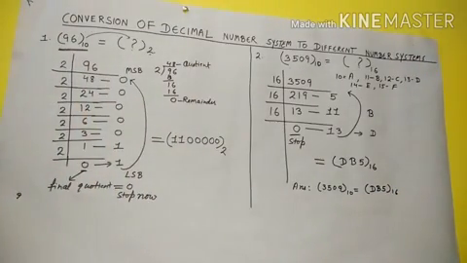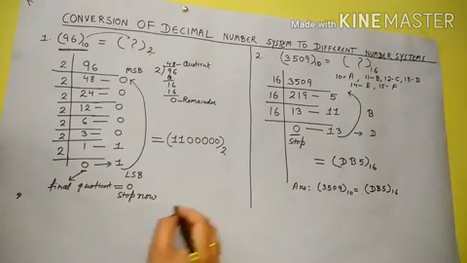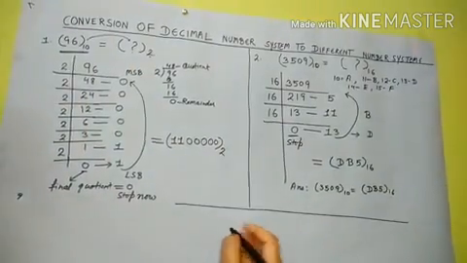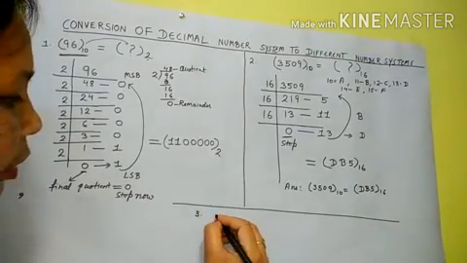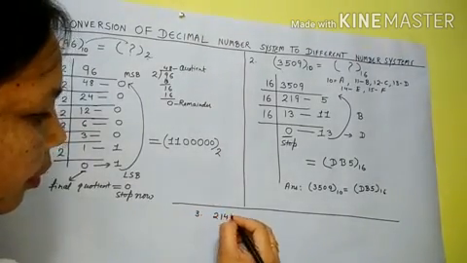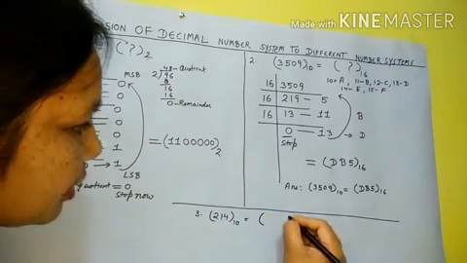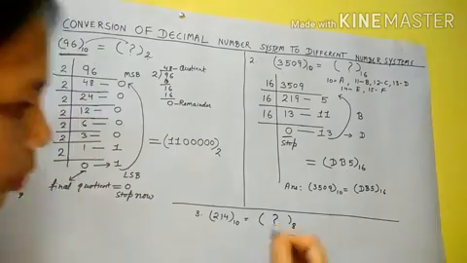Next is decimal number system to octal number system. So we'll follow the same process. I'm taking the example of 214. Third question, 214 to the base 10. I want its octal equivalent. What to do?